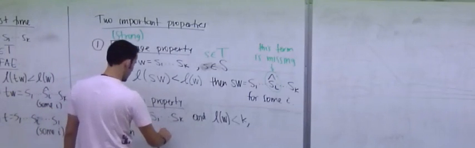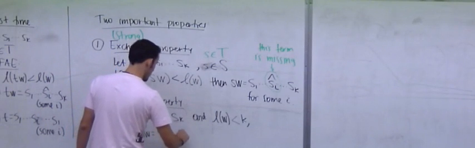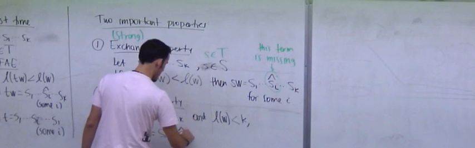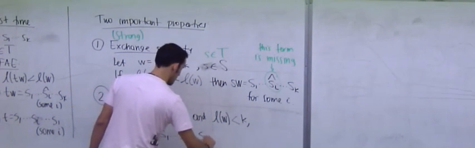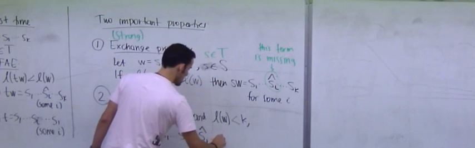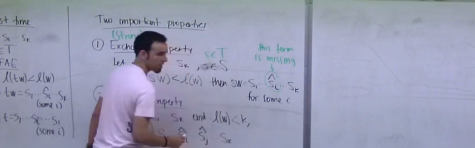So you're going to be able to rewrite it as S1, dot, dot, dot, then you drop term Si, you drop term Sj, and you leave everything else there.